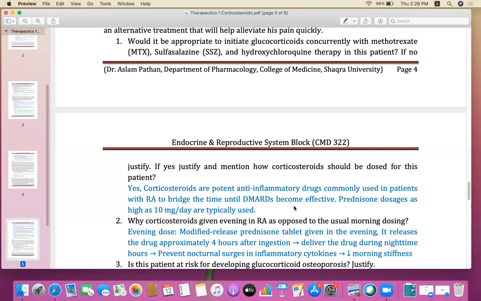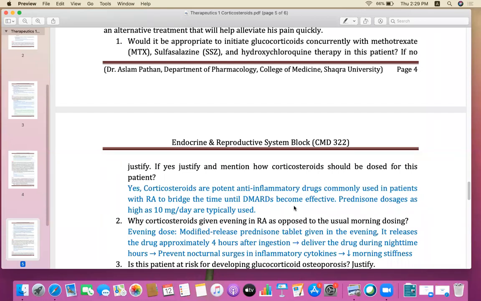These drugs need time to be pharmacologically active, but during this time we need symptomatic treatment. What is the main symptom? Inflammation, pain. So, how can we take care of this inflammation and pain? We need corticosteroids.